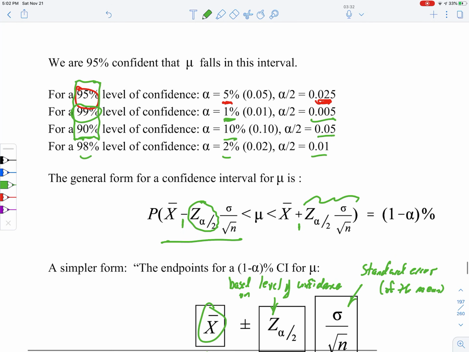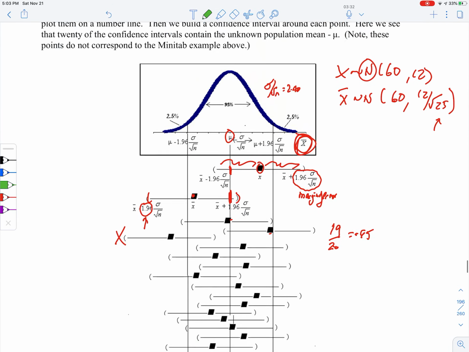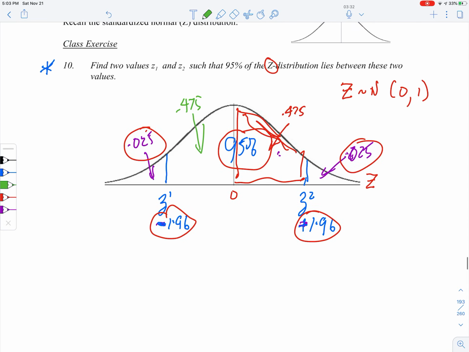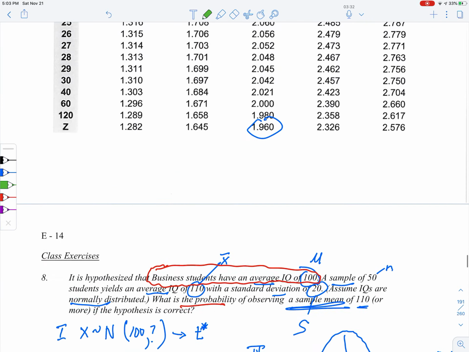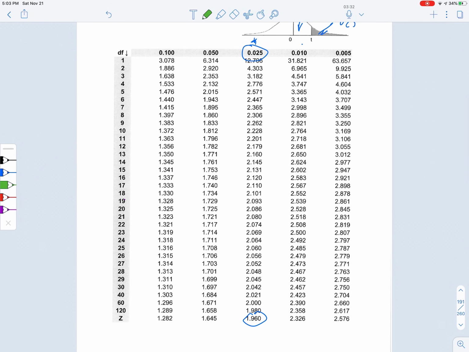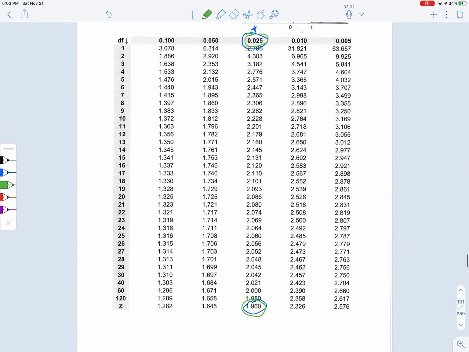Let me go back up here and show you these levels of confidence: 95, 99, and 90%. Let's go to a Z table. Actually, we don't even have to, because the last line of a T table has common Z values associated with common alpha over 2's. Here's the 2.5% column, and here's 1.96.